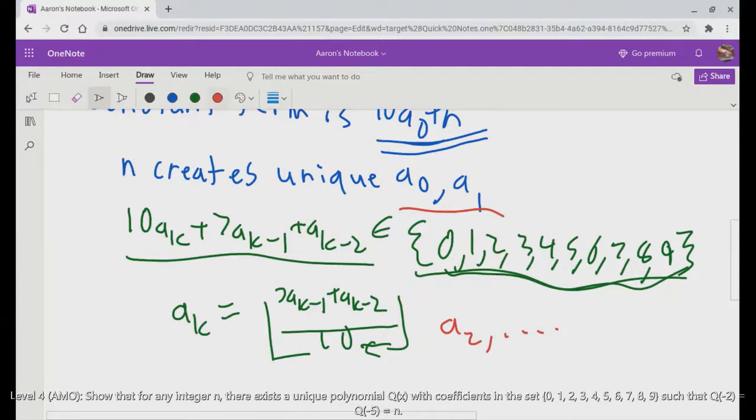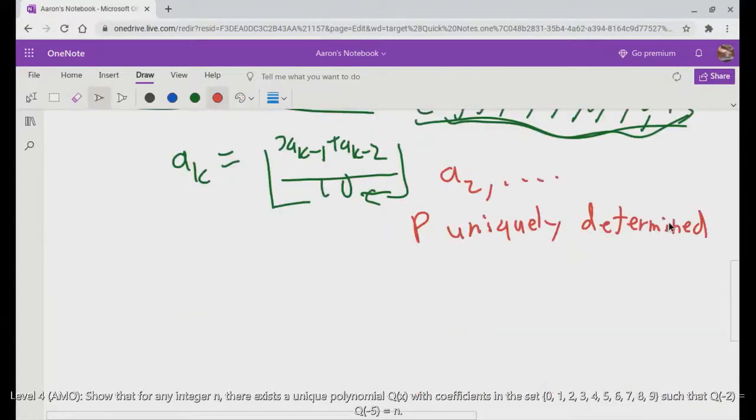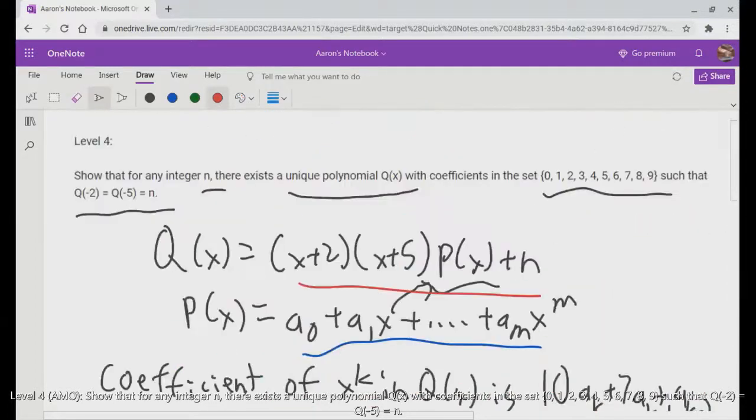And so P is uniquely determined. Since P is uniquely determined, we can substitute that specific P back in, which tells us that Q is unique. And so we're done.